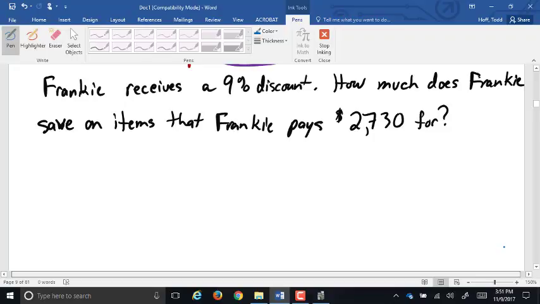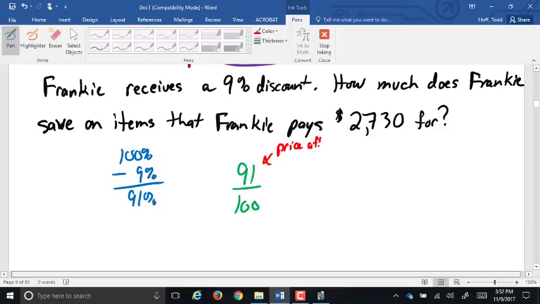Okay, so this is a percent decrease problem. So since a percent decrease, what we're working with is 100% minus the 9%. It's going to give us 91%. The 91 represents the price after the discount.